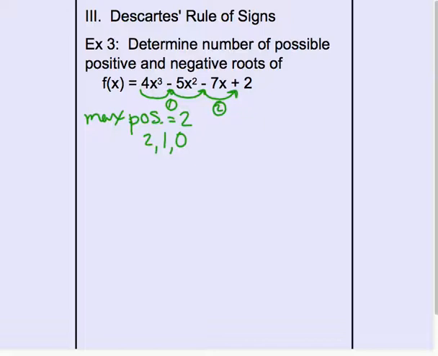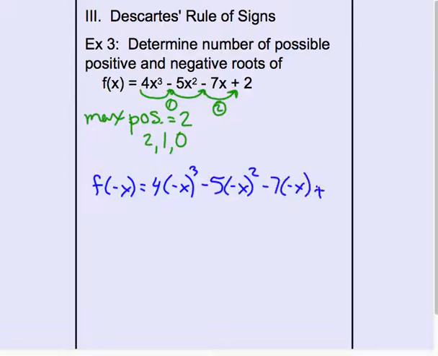Easy enough. For the negative roots, what we have to do is evaluate f of negative x first. So we replace all of our x's with a negative x and simplify to see what we get. When you have negative x cubed, that will stay negative, so it becomes negative 4x cubed.